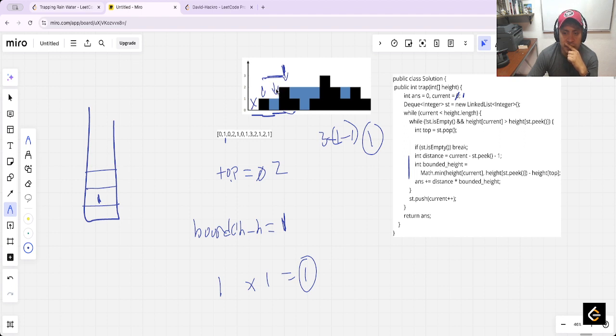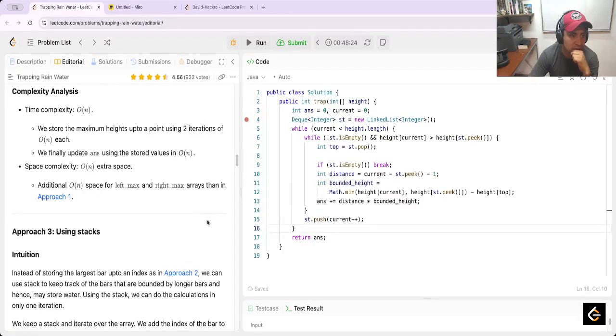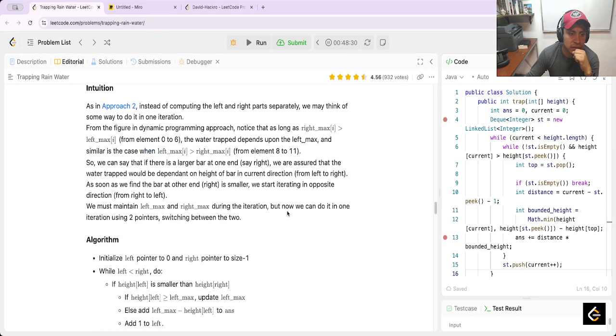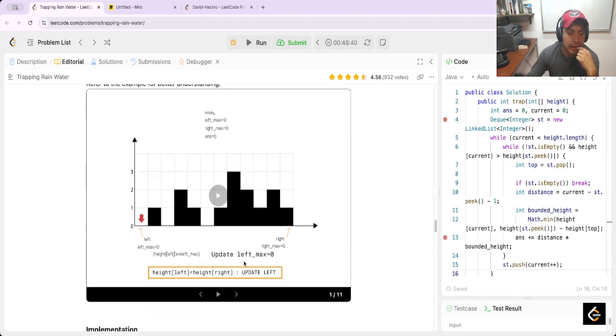The distance. Okay, now let me check very fast the solution using two pointers.